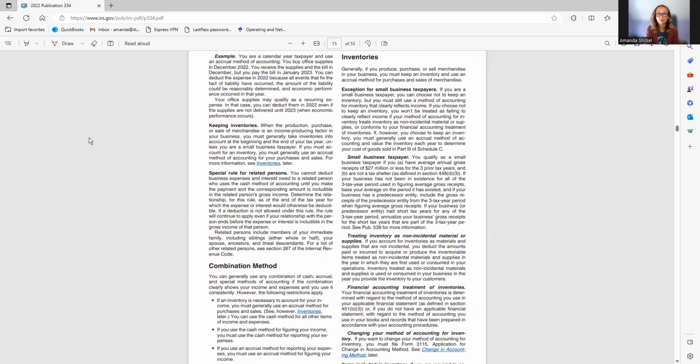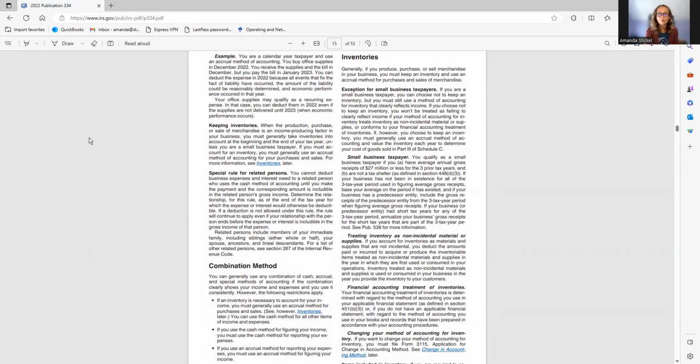If you choose not to keep an inventory, you must be treated as failing to clearly reflect income if your method of accounting for inventory treats inventory as non-incidental material or supplies or conforms to your financial accounting treatment of inventories. If, however, you choose to keep an inventory, you must generally use an accrual method of accounting and value the inventory each year to determine your cost of goods sold in Part 3 of Schedule C.